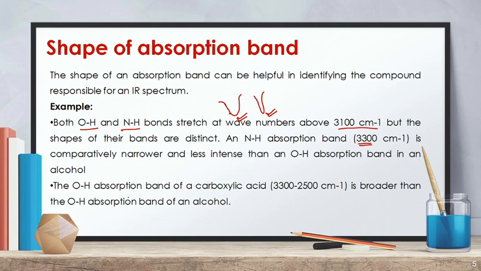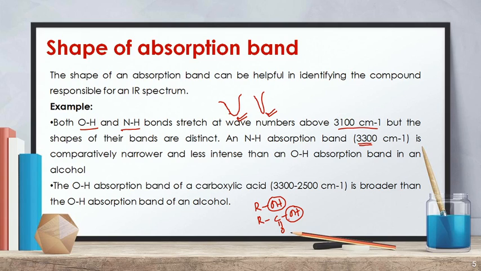Now let us come to the OH category only. So OH is present in the case of alcohols, and it is present in the case of carboxylic acids also. That means ROH, it is having an OH bond, and for the case of carboxylic acid also you are having OH, right? So how can we differentiate these two OH?